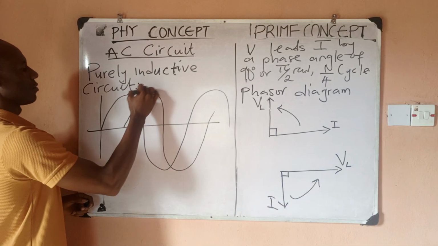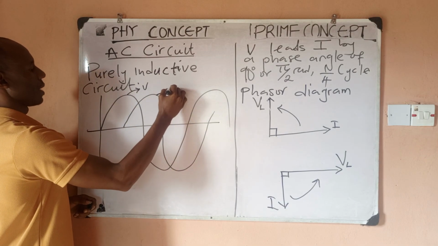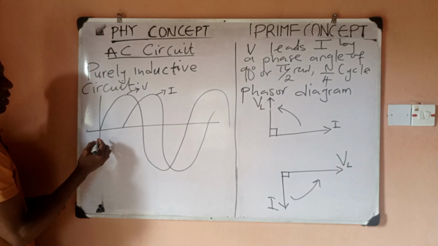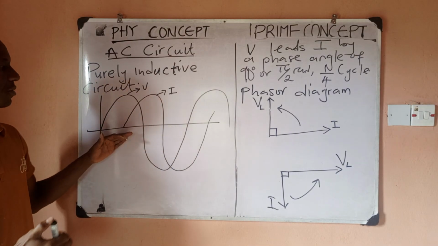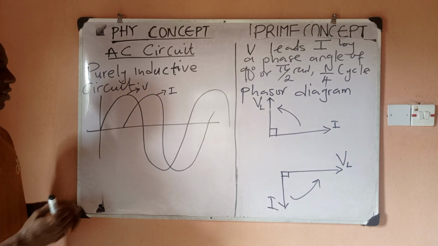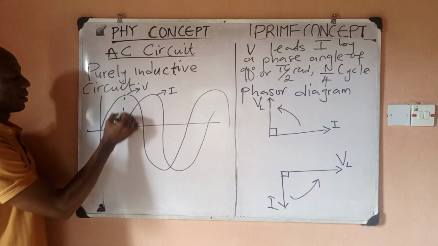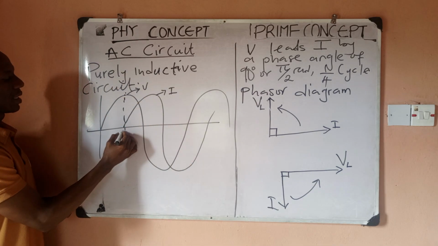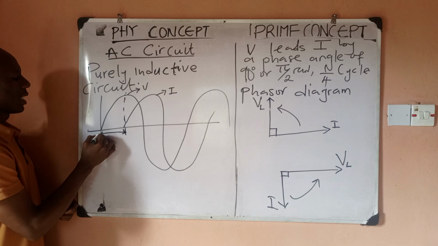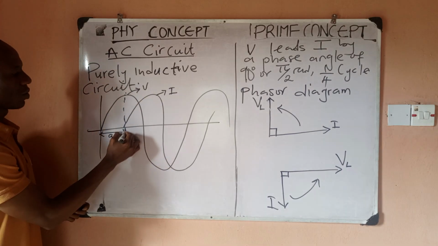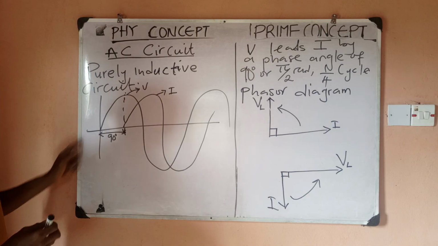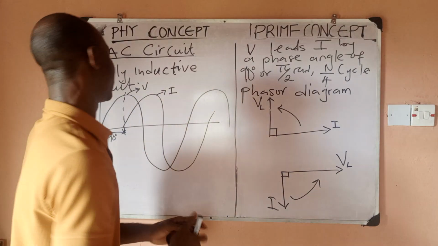So this is going to be my voltage. This is going to be my current, right? So this is my waveform or wave diagram for my purely inductive circuit. You can see that this is the peak, and this distance in angle is measured as 90 degrees or pi over 2 radians, because at this point what you have is 90 degrees. So it means that the phase angle is 90 degrees.